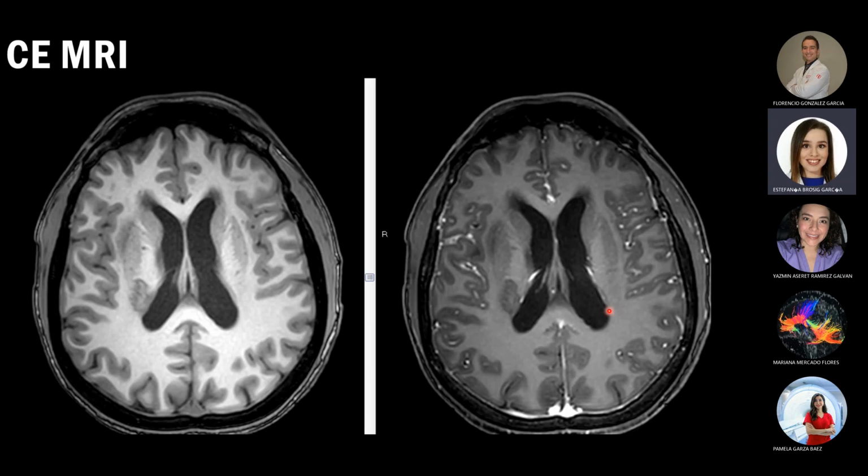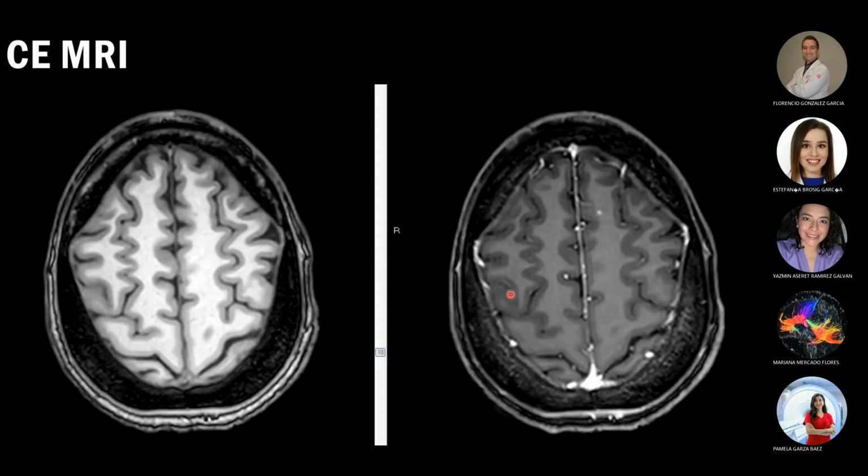The area of restriction that we saw in the body of the right caudate nucleus is hypointense in T1 weighted images and non-contrast, with no enhancement posterior to contrast. And diffusely distributed throughout the brain parenchyma, upon careful examination, we could also identify areas of nodular enhancement posterior to the administration of contrast.